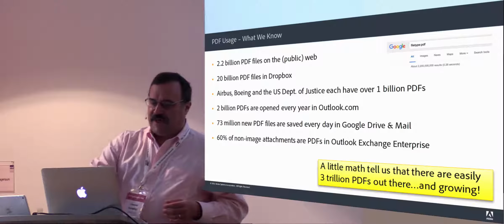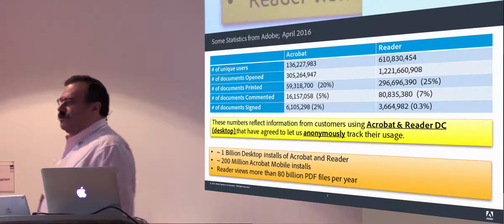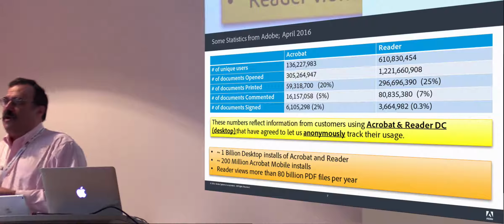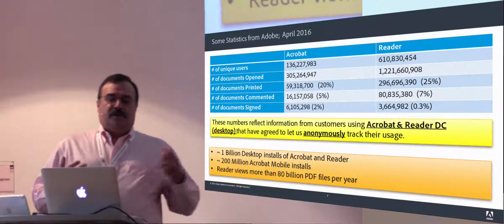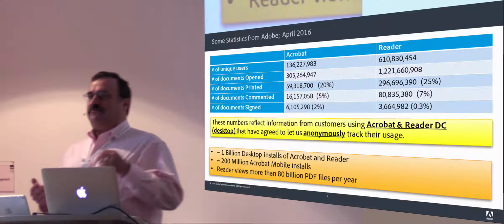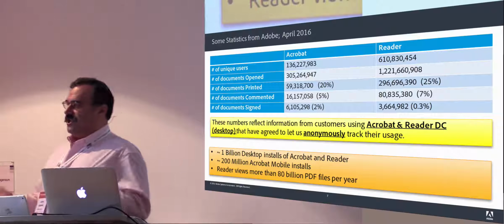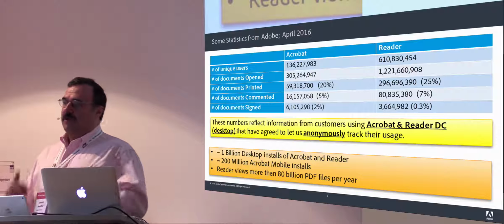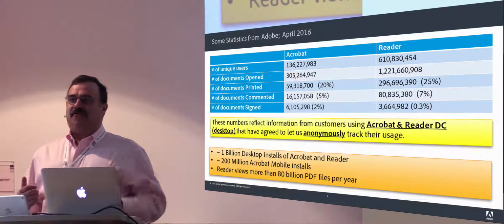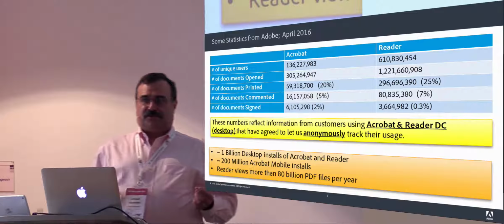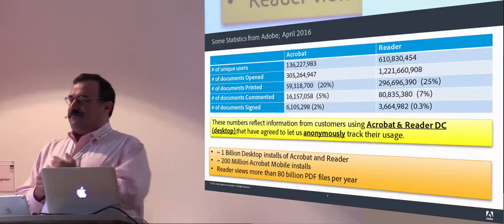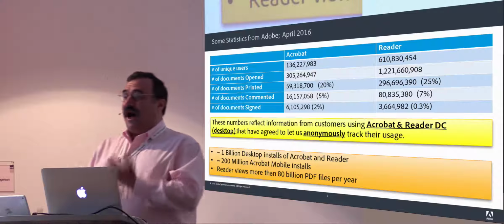So let's take a look at that. So I'm going to start showing you some numbers from our products. So let me start out by pointing out that these numbers represent the actual information, anonymous data from our customers in the Acrobat and Reader desktop products. So first off, these are people who have actively opted in.